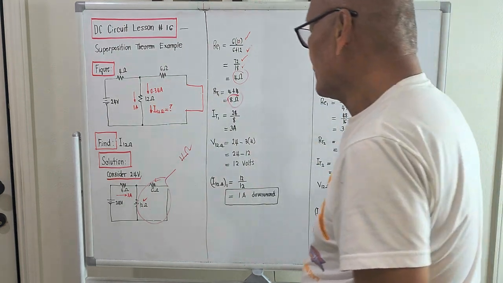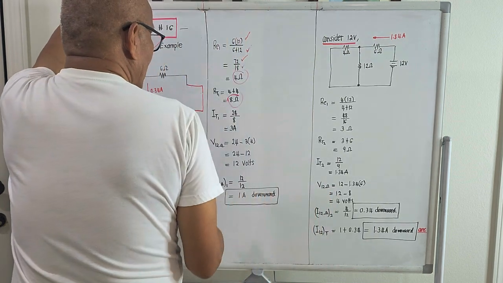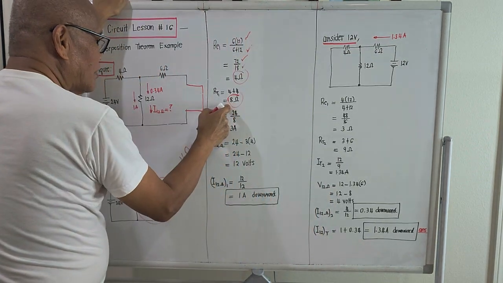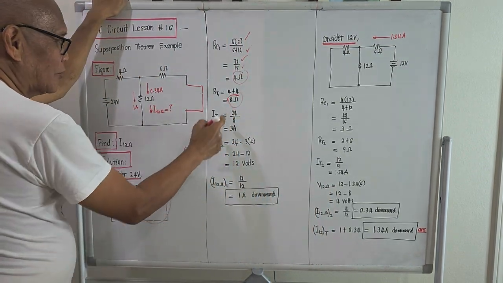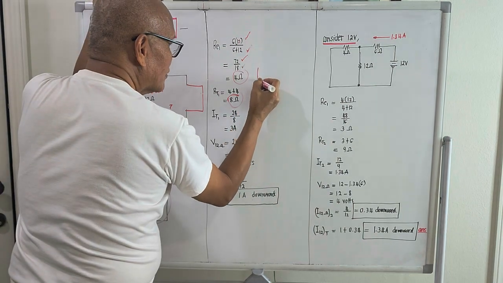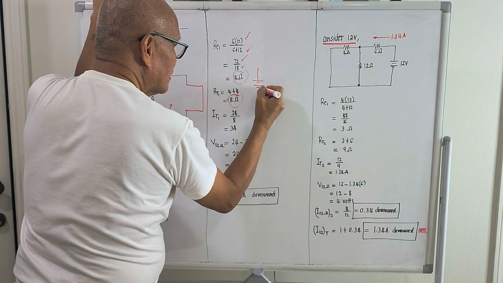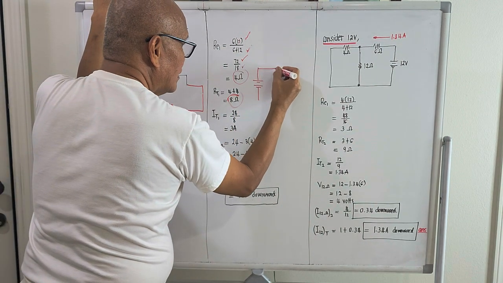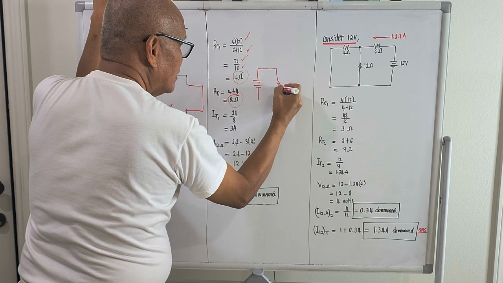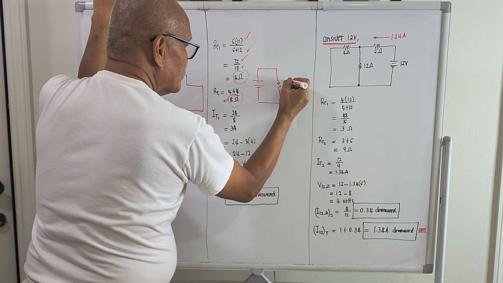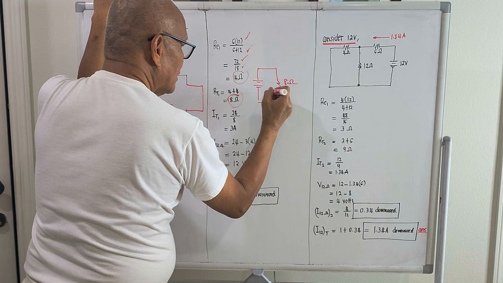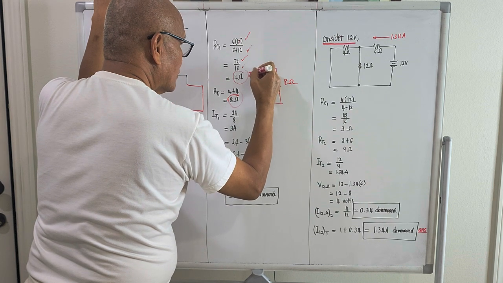If the single equivalent resistance is 8 ohms, we have the voltage source here. This is 8 ohms and this is 24 volts.